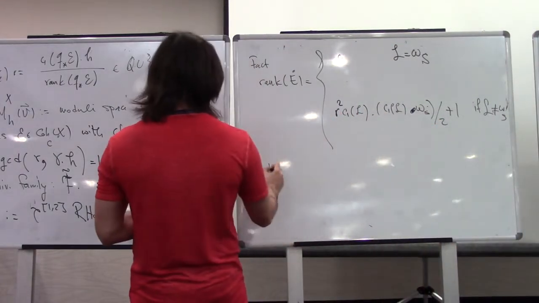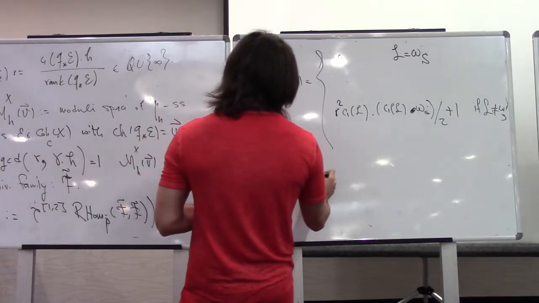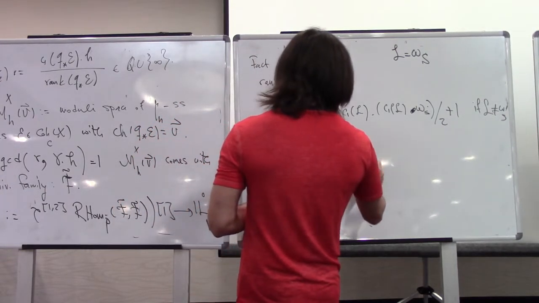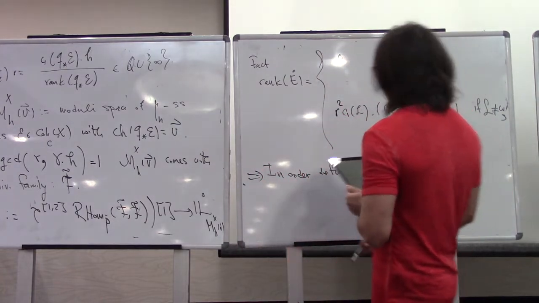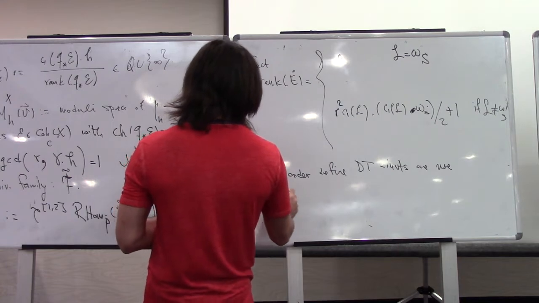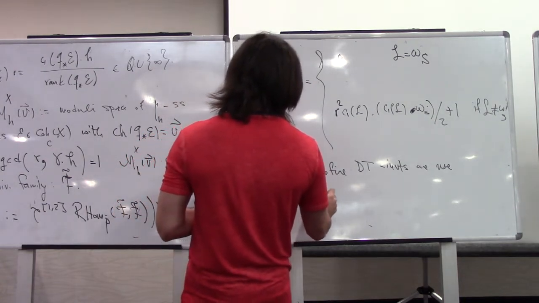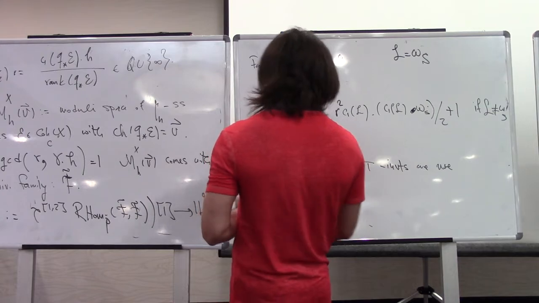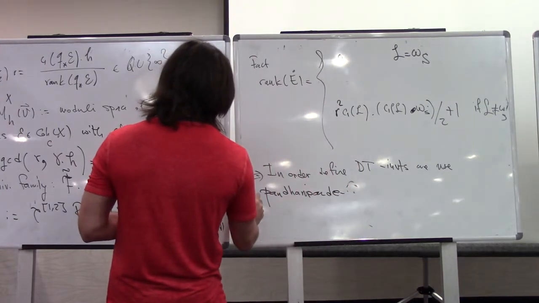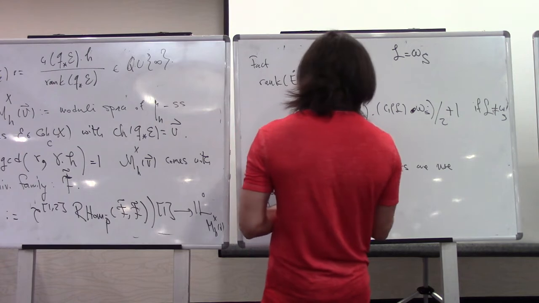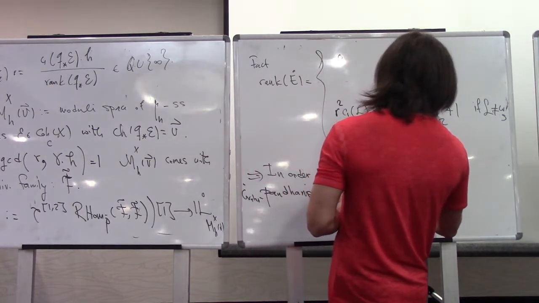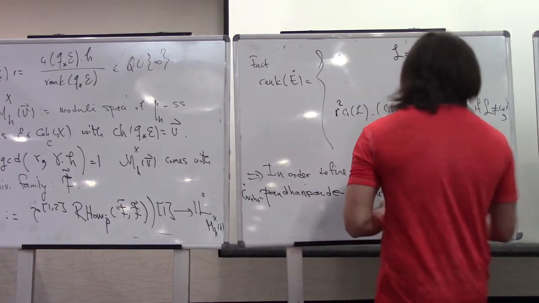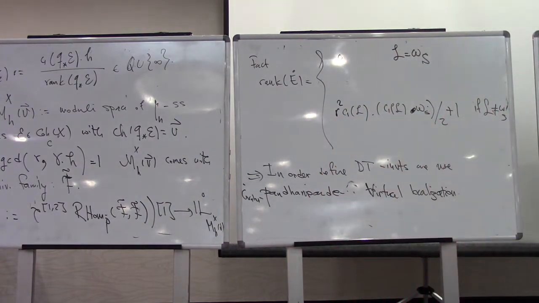So in order to define Donaldson-Thomas invariants, we use the Graber-Pandharipande virtual localization. So our invariants are all given as certain residue integrals that we define with respect to the action of the C star.